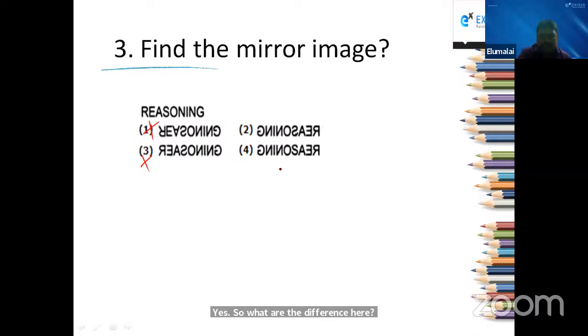Right. Yes. See here, in the fourth option, we have letters the same as in the original image, isn't it? That is not true. So we are left with only one option. So option 2 is the correct answer. Very good. Everyone has answered it correctly. Great.